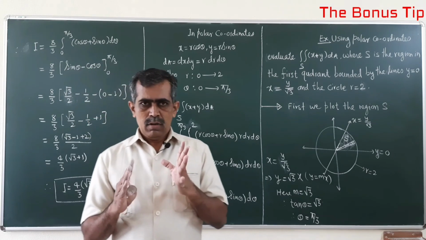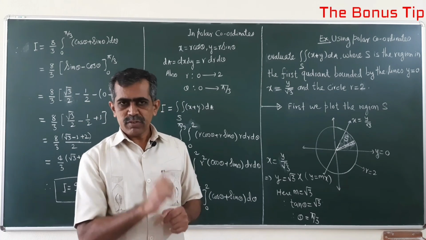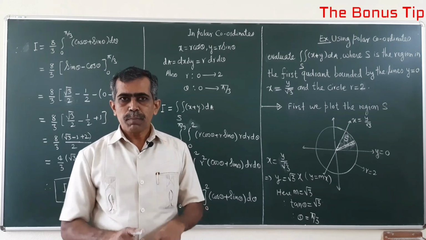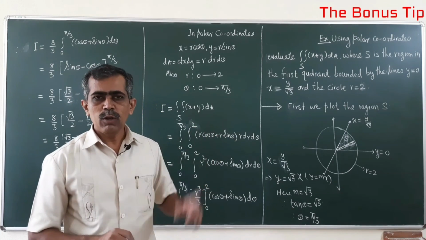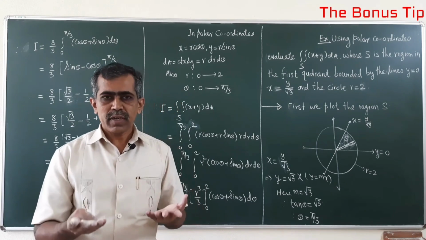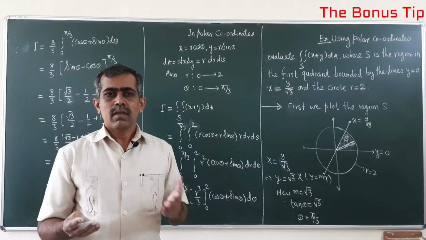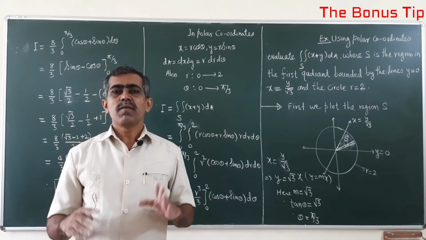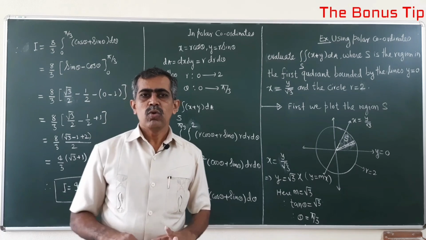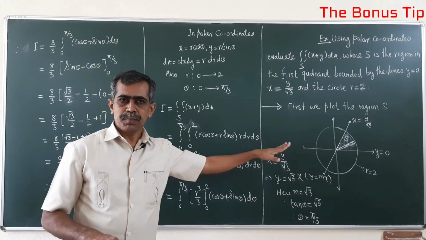So if your function is complicated but its domain is part of such standard objects, then you always prefer change of variable for the evaluation of such type of integrals. It will help you in saving your time, it will help you in doing calculations easily, and the calculations will be simple also, and it will be possible for you to do these problems without any difficulty.